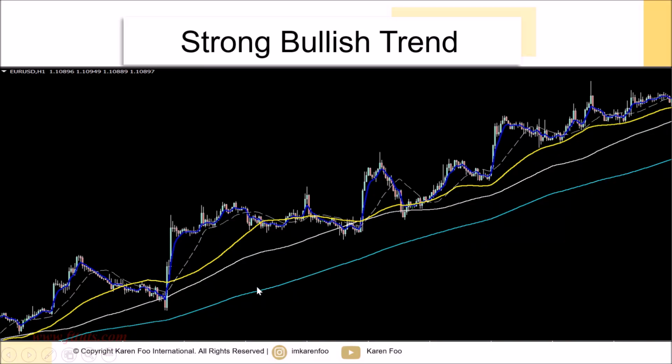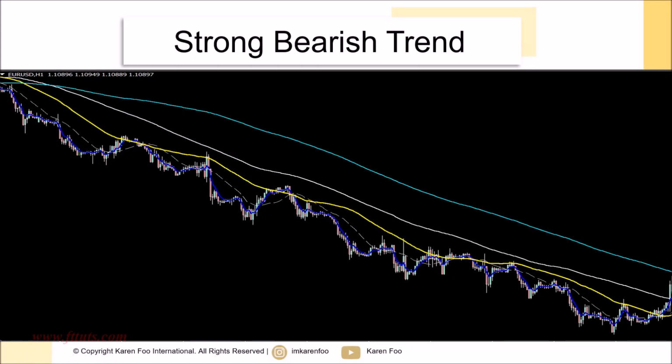Okay? So when you're learning to spot a trend, the main indicators are 50, 100, and 200. And all these three indicators have to be sloping up, ideally. And when it comes to a strong bearish trend, it's defined as 50 being below 100, 100 being below 200. And the price has to be ideally below 50. Right?